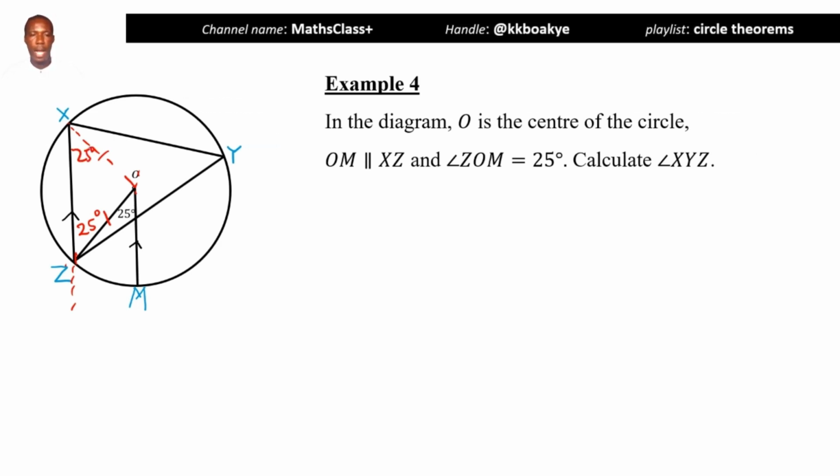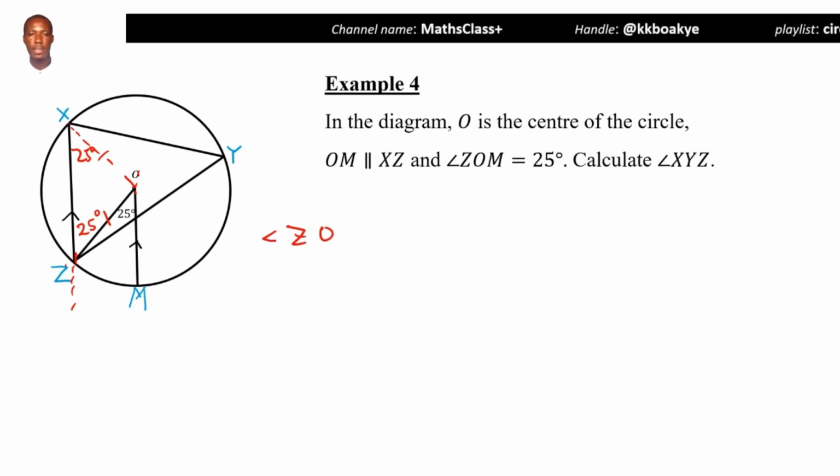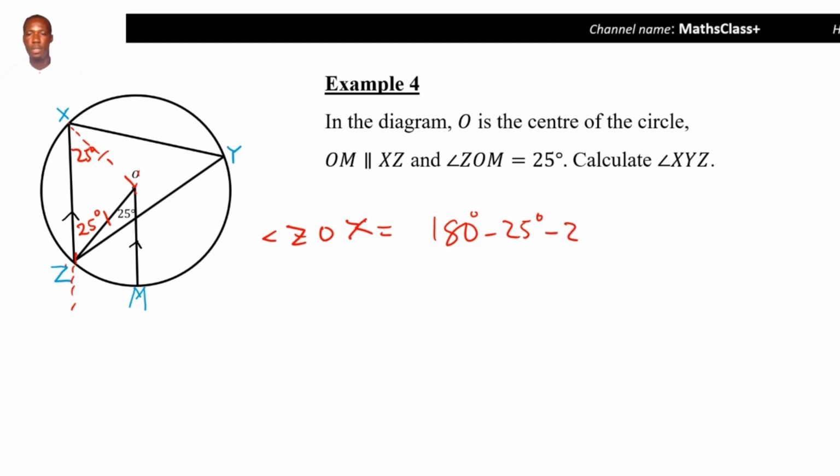Now, angle ZOX is equal to 180 degrees minus 25 degrees minus 25 degrees. And so the angle ZOX is equal to 130 degrees.